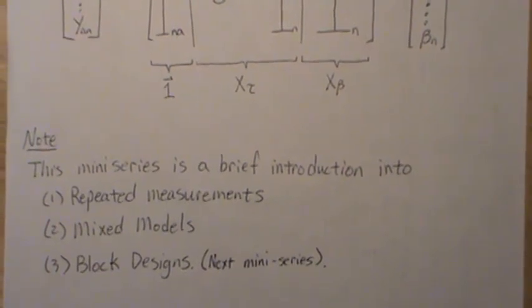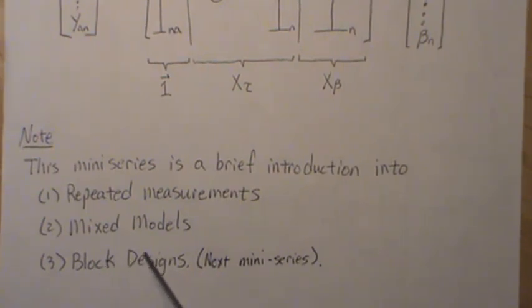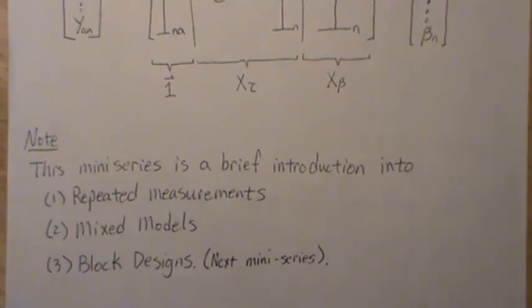Of note, though, this mini-series is a brief introduction into repeated measurements, mixed models, and block designs. The block designs will be the next mini-series after these 6 or 7 videos. And this particular design, the repeated measures one-way fixed effects ANOVA, mirrors almost 100% the complete block designs with random blocks. And again, that's the next mini-series.